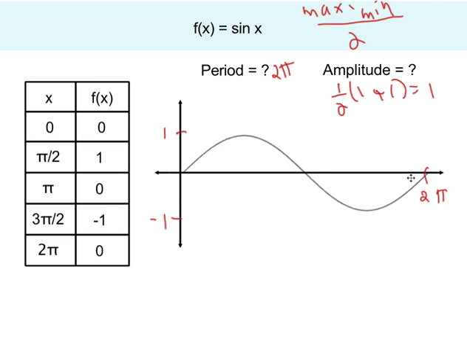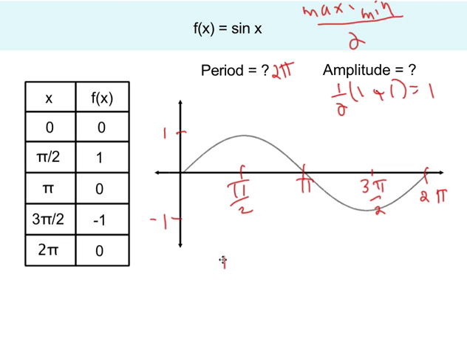So here, between 0 and 2 pi, halfway is pi. I get that by taking 0 plus 2 pi and dividing by 2. Halfway between 0 and pi is pi over 2. 0 plus pi divided by 2 is pi over 2. Halfway between pi and 2 pi is 3 pi over 2. Same idea: pi plus 2 pi over 2, 3 pi over 2.